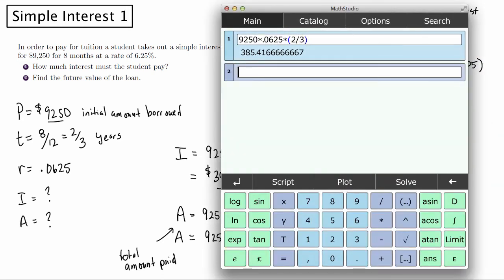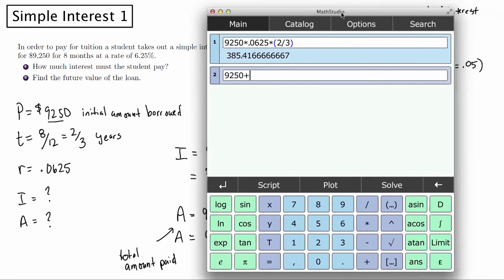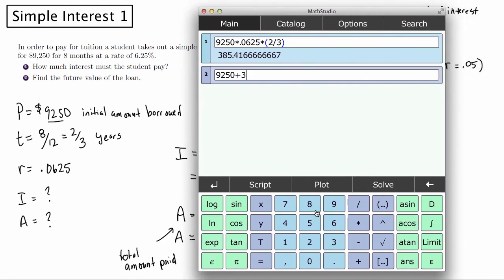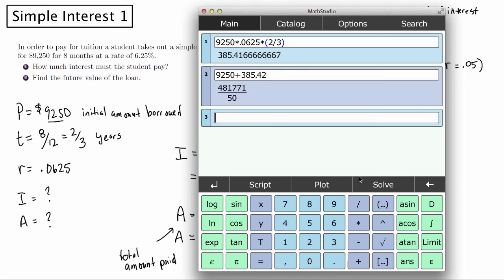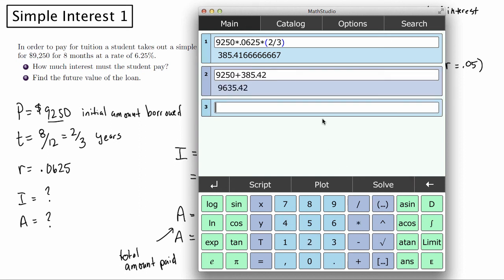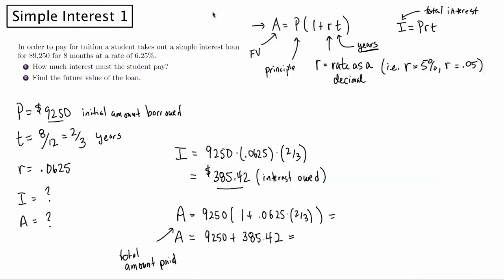And so I'm going to take $9,250 plus the interest I owe, which is $385.42. And so that gives $9,635.42.